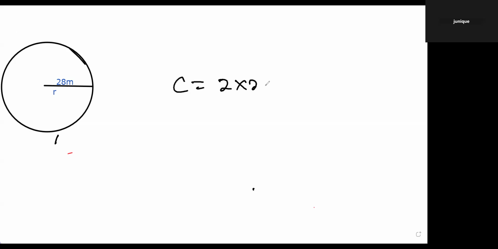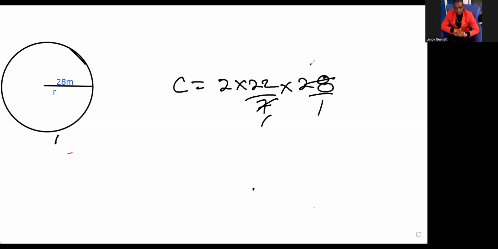And then 7 goes into 28 4 times. And 7 times 1. So that equals 88. 88 times 2 gives us 176. There's a 22 times 4.